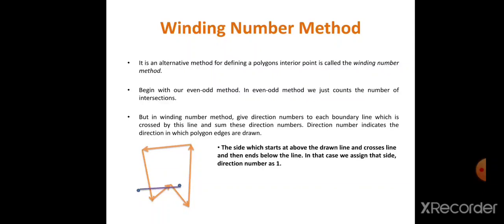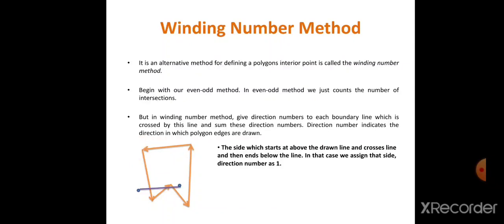So, the side which starts above the drawn line and crosses the line, and ends below that line, in that case we say the direction number is 1. Means what? I have taken this point, after that I have taken this point, right.